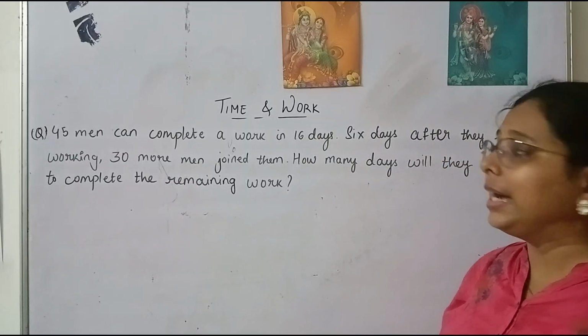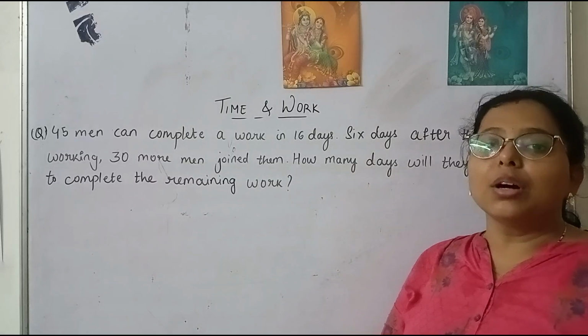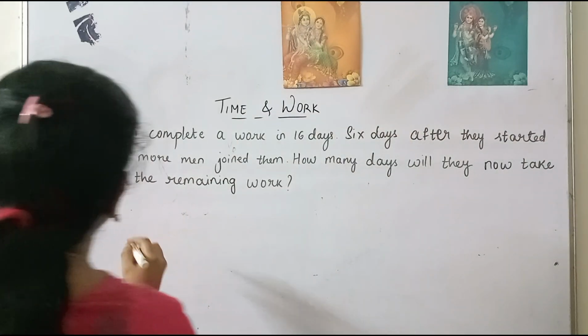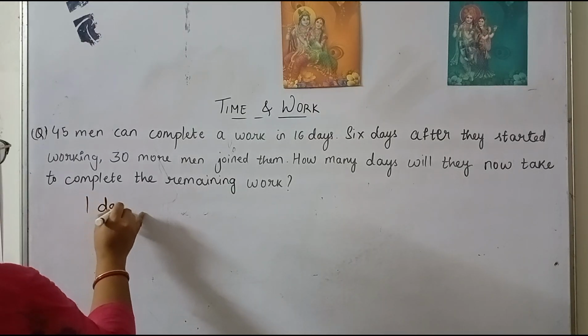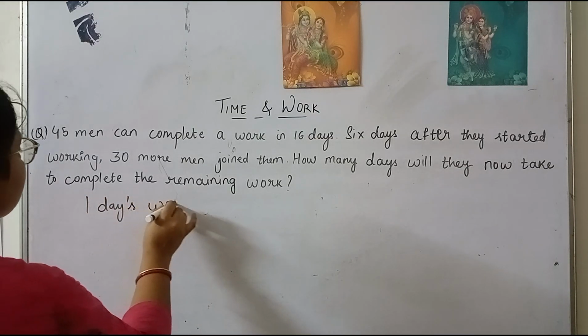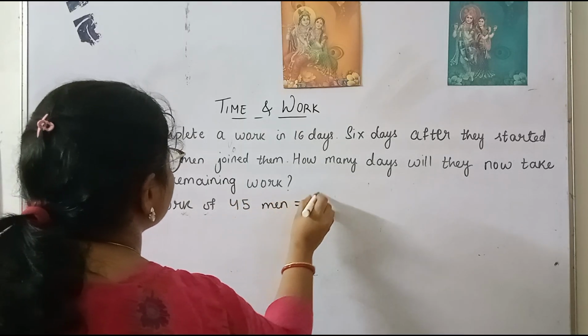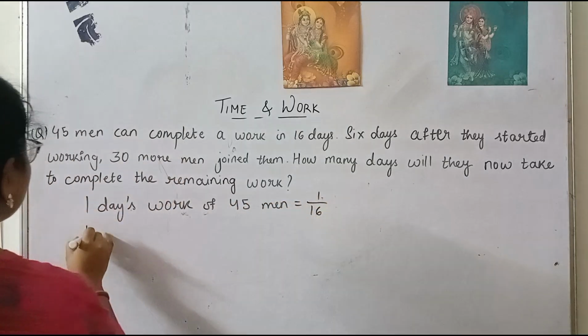Some part is already completed in 6 days. So the remaining work will be done in how many days? Let's find out how to do it. First of all, we will take 1 day's work of 45 men, which is 1/60.